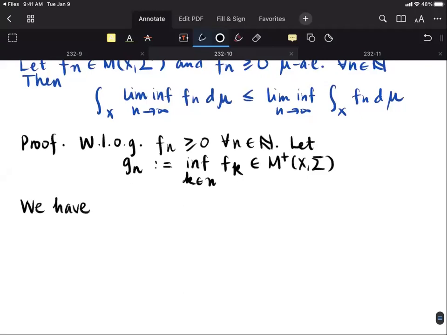Then we have, g sub n being the infimum, this must be less than or equal to a specific function in the sequence, and here we take the smallest index, namely f sub n.